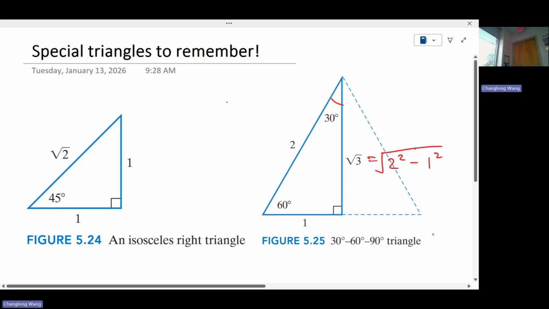And that's all you need to know about these two special triangles. I'm not asking you to memorize them now, and to be honest, I see that it's completely meaningless to memorize, but for test purposes, you need to know them.